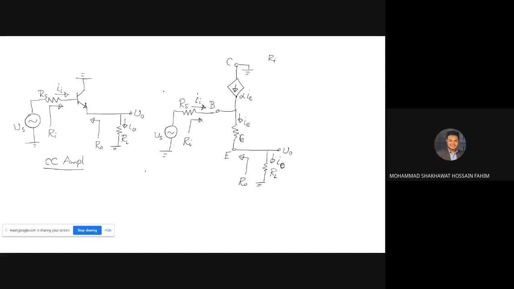So this is called a small signal equivalent circuit, T model, for the common collector amplifier. When you replace the transistor by one of these small signal models, here we have replaced it by the T model. The T and pi models are also known as the small signal models.